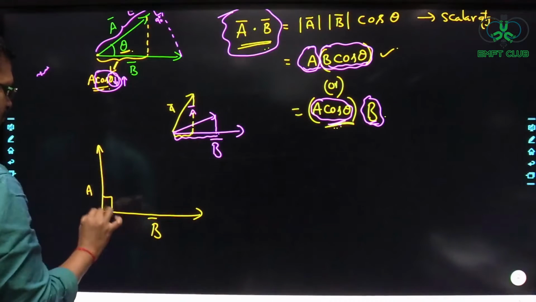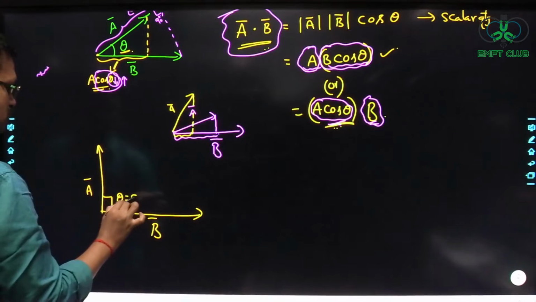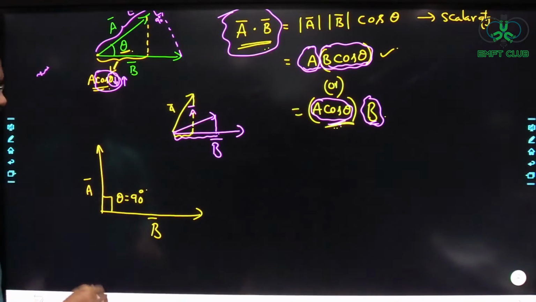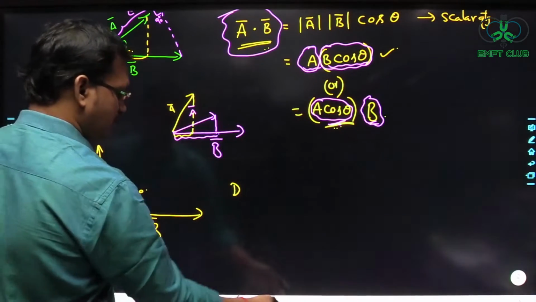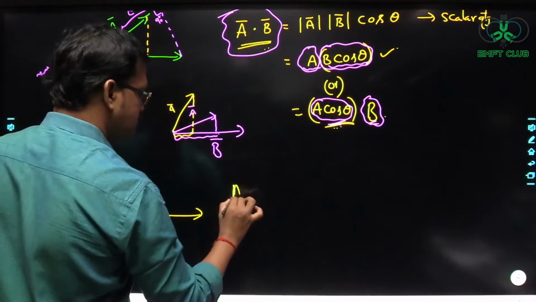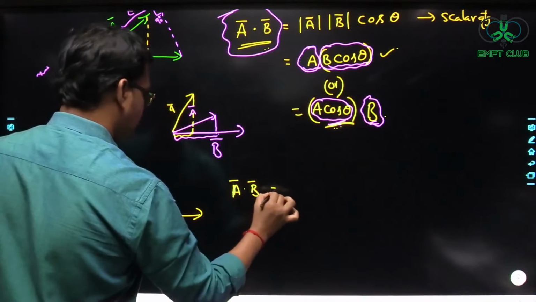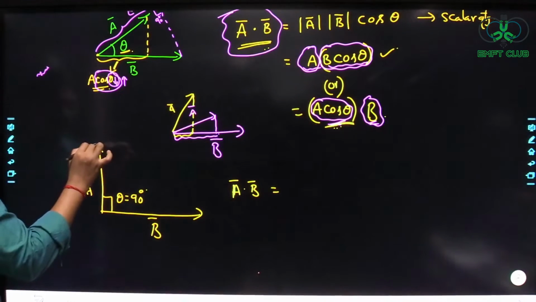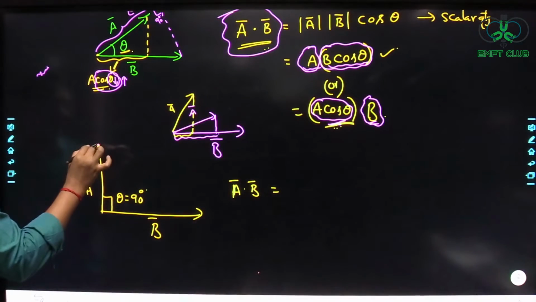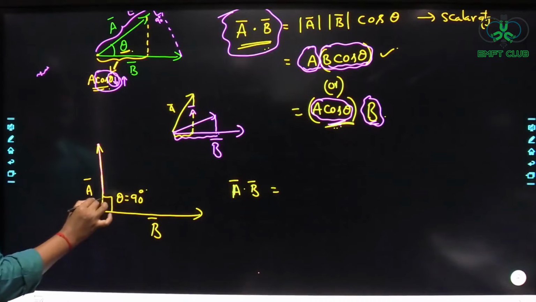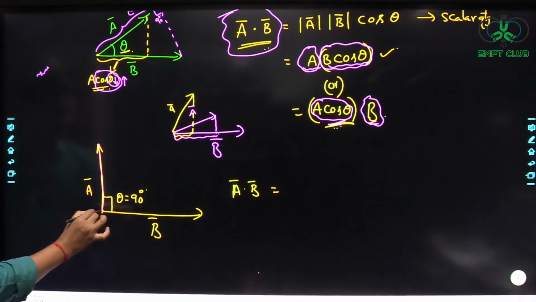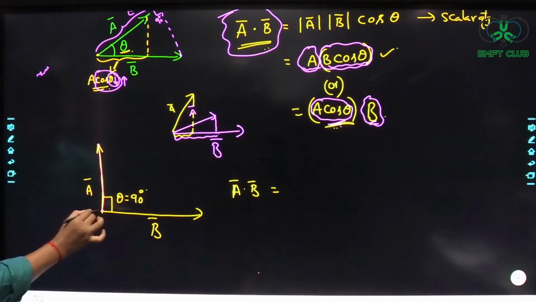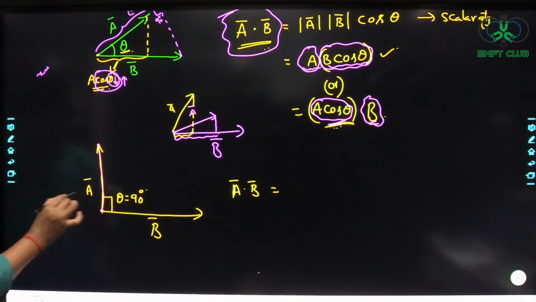And once A bar becomes perpendicular to B bar here, so here theta is equivalent to what? Is equivalent to 90 degrees. So in this case, what happens to the dot product here? What is A bar dot B bar in this case? Tell me. Now here, if you try to drop the normal from the head of A bar onto B bar, what you are going to get? There will be no component of A bar along B bar. So it is 0.